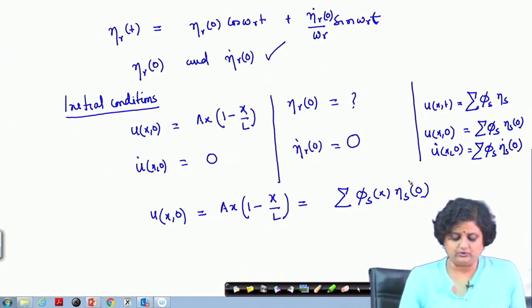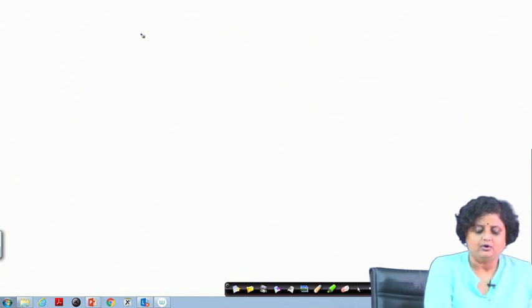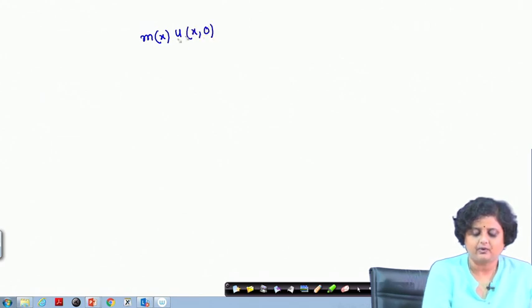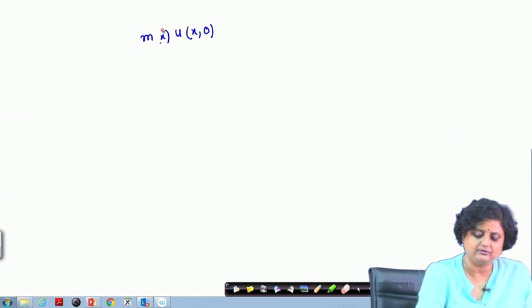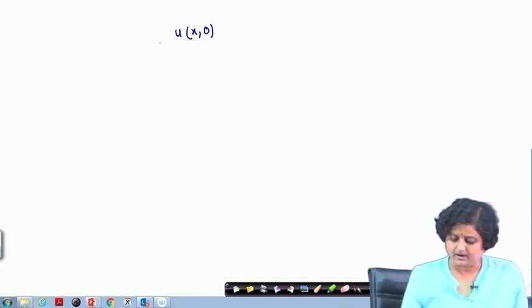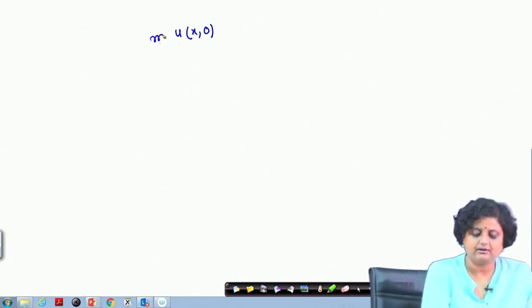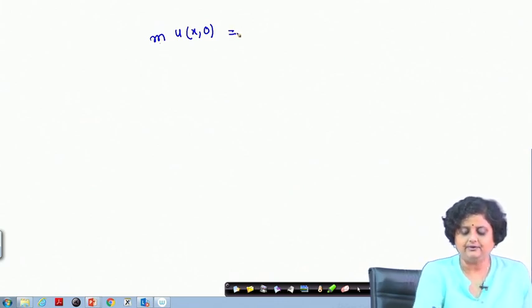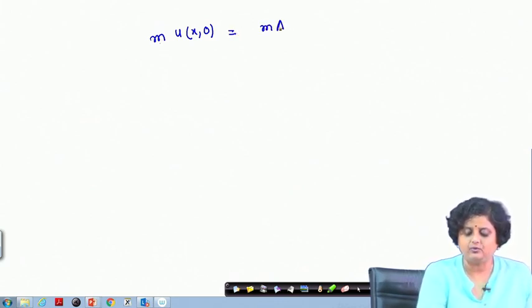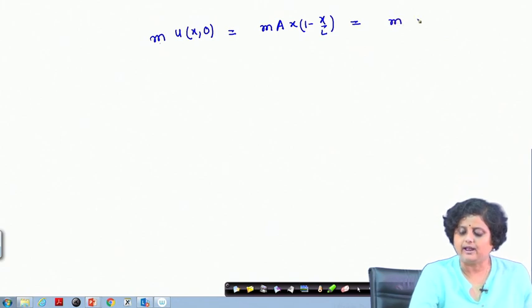How am I going to do this? I am going to multiply both sides of the equation by m x. m x is m because this is a uniform cross section bar. So, let me multiply by m and that is equal to m into a into x 1 minus x by L and that is equal to m phi s eta s 0.